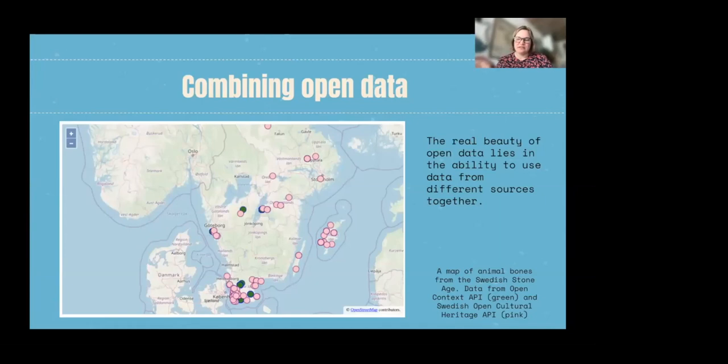And the pink dots come from the Swedish Open Cultural Heritage. In both these data sets, I've asked them to send me data about finds of animal bones from the Swedish Stone Age. So here are two different data sets, one Swedish and one American, but they each have data about finds of animal bones in Sweden.